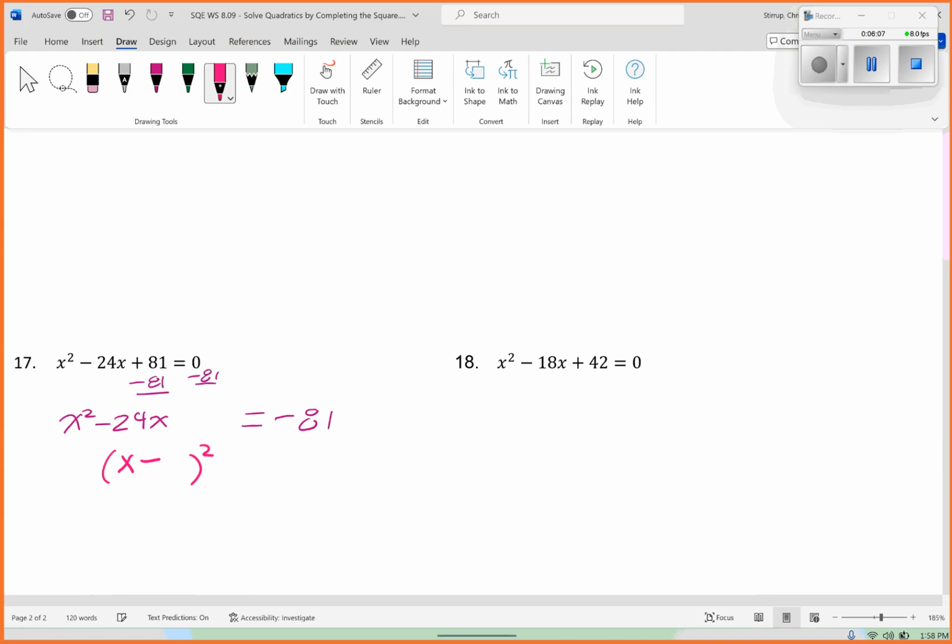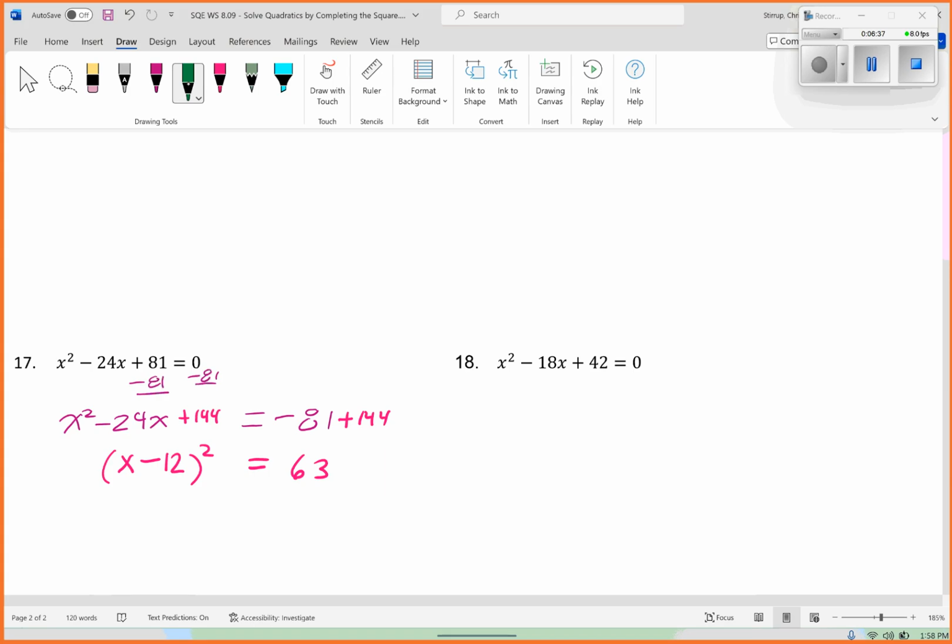Negative. Half of 12, or half of 24 is 12. What's 12 times 12? Bottom number there. So add 144 to both sides. And I need a calculator because I'm not doing well with math right now. I'm sorry. Clear. 63. All right. Good so far?